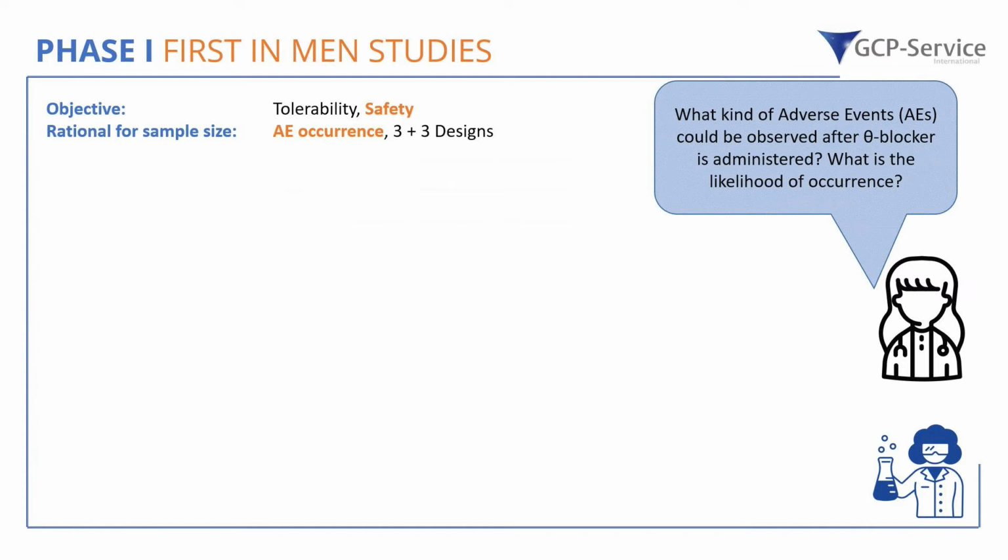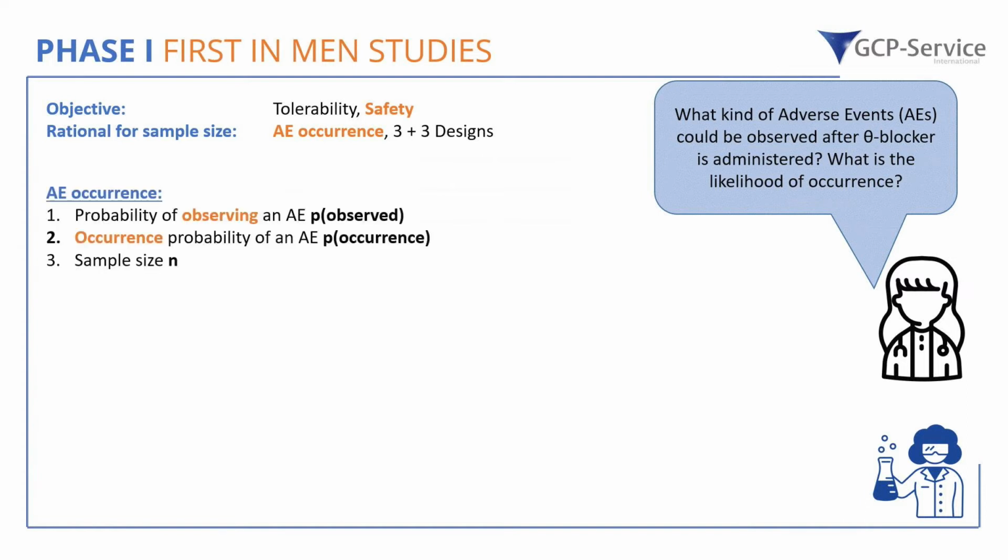So we focus on the probability that an adverse event could occur, or we could also look into what information about the safety profile we could obtain when no adverse event is observed during the study of a very small number of subjects.